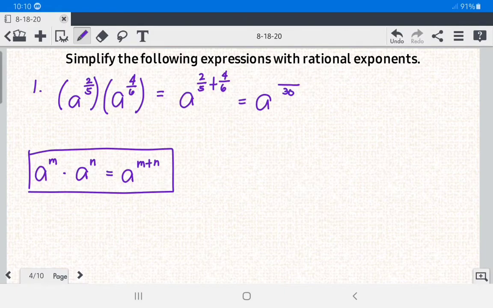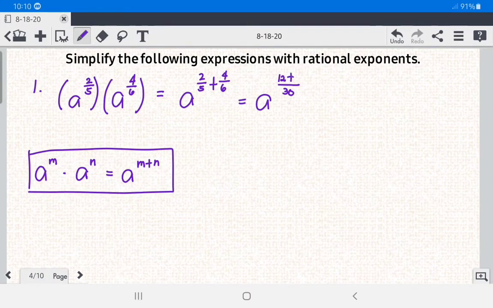Okay? Now, next step is you're going to simplify. So we have 30 divided by 5, we have 6, then times 2, so we have 12.